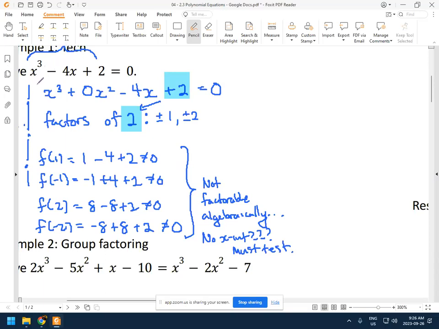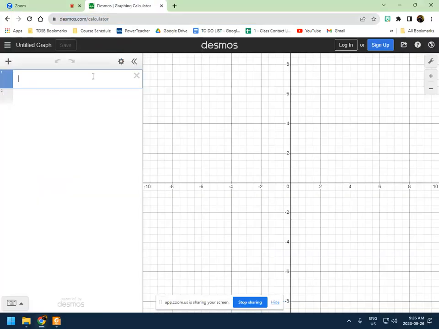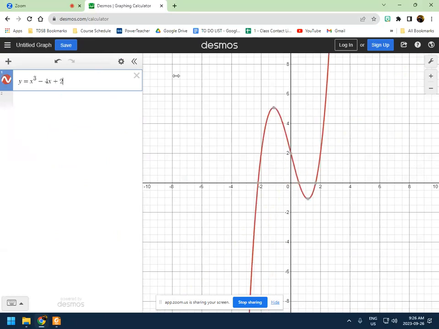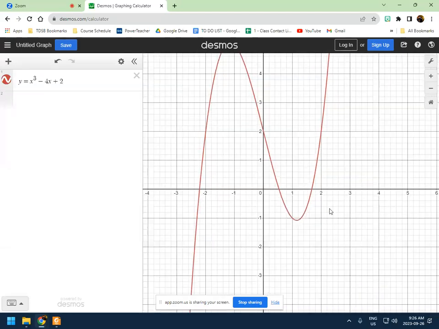I'm going to plug in x cubed minus 4x plus 2. Here we go. We got y equals x cubed minus 4x plus 2. Look, so I still have x-intercepts. Let's take a look a little deeper and see what points they are. Well, that's not pretty.